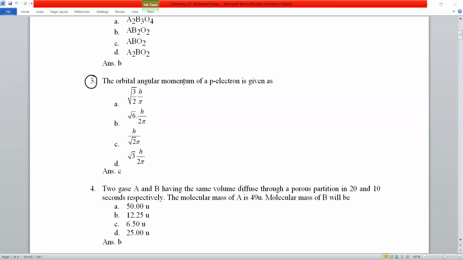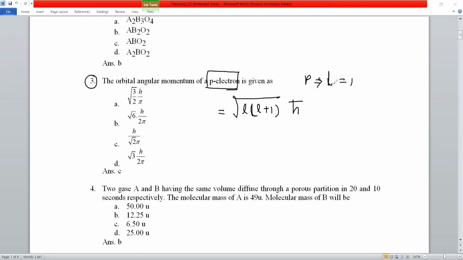The orbital angular momentum of a p electron. Orbital angular momentum equals root of L times L plus 1, times h cross. For a p electron, what is the L value, students? The L value should be 1.